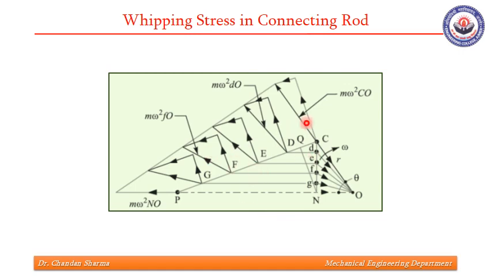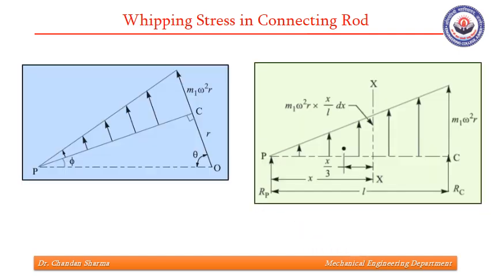This slide shows the magnitude of the forces on the big end, small end, and the points in between. This is drawn from Klein's construction diagram of acceleration. We can see over here, this is the force at point C, and this is the force at some intermediate point.